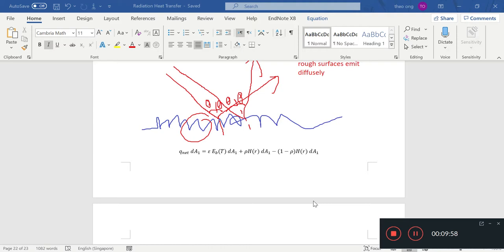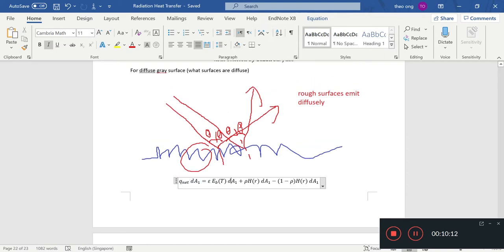Oh, oops, I think I made a mistake here. So anyway, let's revisit this again. The net radiation coming off the surface is equal to the amount emitted, the amount reflected, and the amount received. What is the total amount received? This is the amount being absorbed, right?